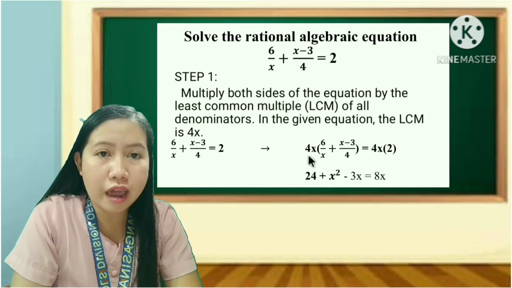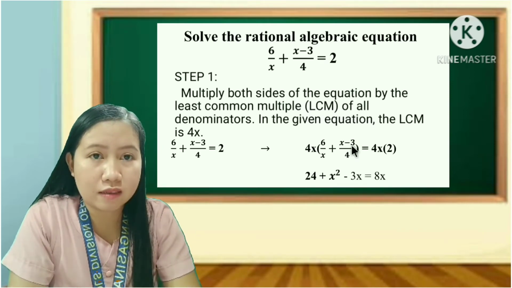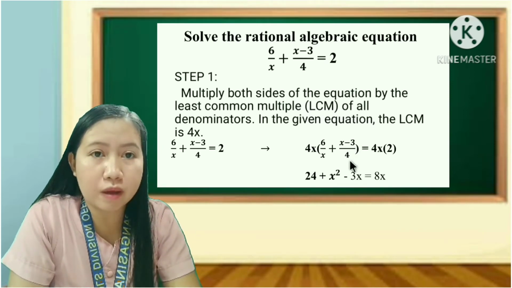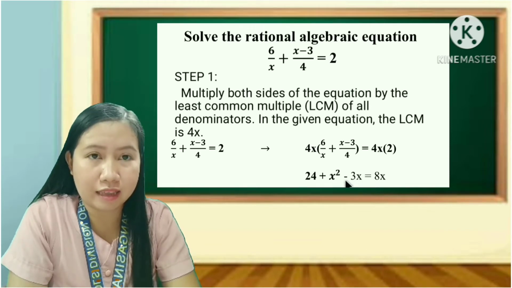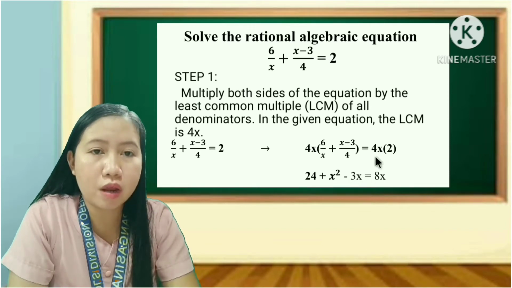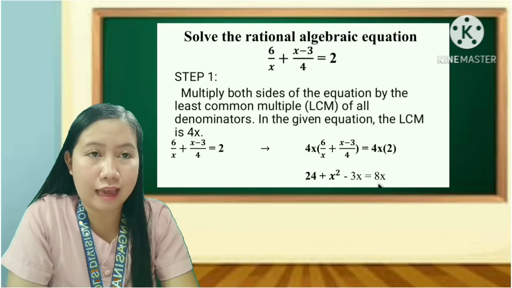Next, 4x multiplied to negative 3, that is 12x. So 12x divided by 4, that is 3x. And we have here the sign negative. So for this one, 4x multiplied to 2, that is 8x.